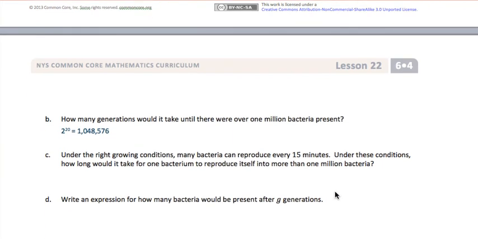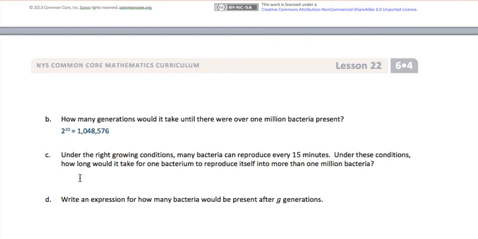Under the right growing conditions, many bacteria can reproduce every 15 minutes. Under these conditions, how long would it take for one bacterium to reproduce itself into more than 1 million bacterium? So what we're looking at then is it needs to reproduce 20 times.